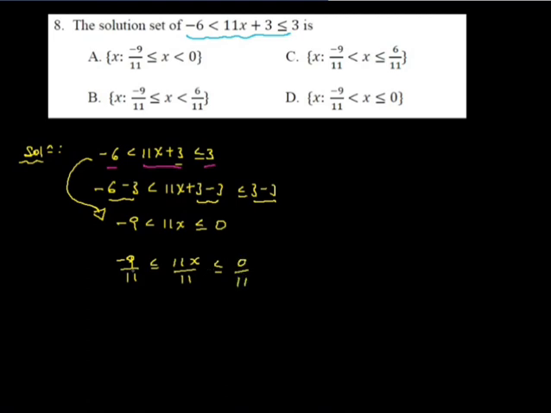Our inequality does not change when dividing by positive numbers. So minus 9 over 11 is less than or equals to x, x less than or equals to 0 over 11, which is 0. Okay, so this is our solution. Here it is strict, this is only less than. So the solution set for question number 8 will be this one.